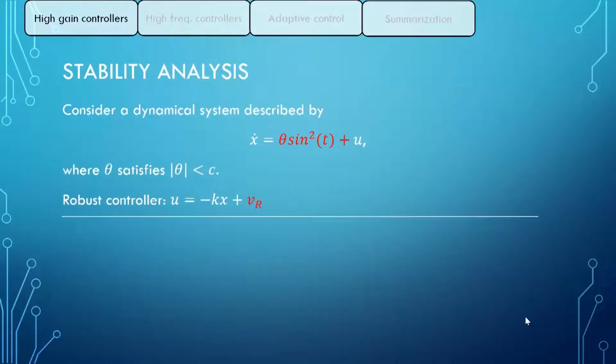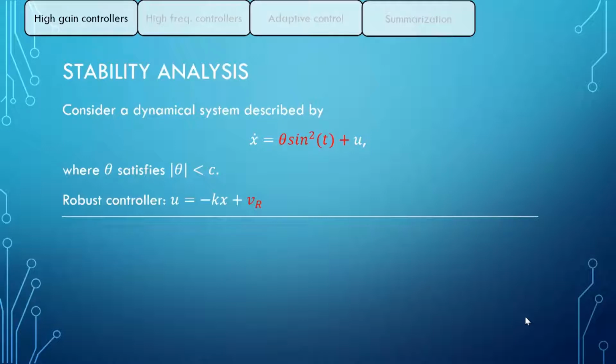So what's the question? Given some dynamics with unknown parameter theta, I know the upper bound of this unknown parameter, right? I design a robust controller trying to stabilize the system, and I know that it's impossible to get asymptotic stability.